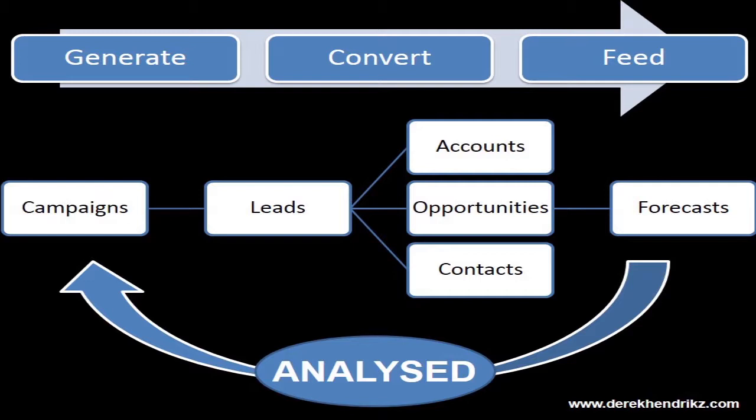And these forecasts are then processed back into campaigns again. So you've got a process where you generate an awareness and you attract customers through your campaigns. You convert it into leads so that salespeople can get to work and acquire these customers. We create accounts, opportunities and contacts, and then this forecasts back into campaigns, and so it goes on and on and on.